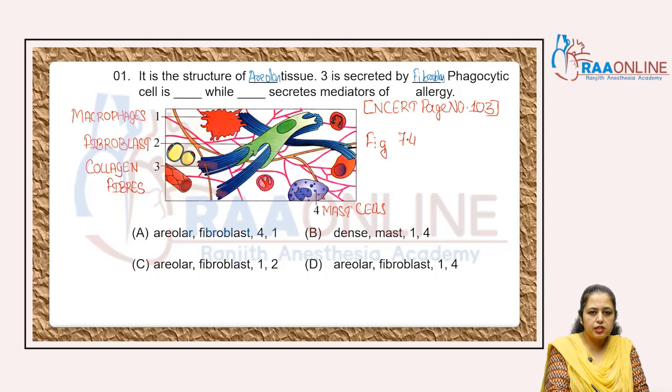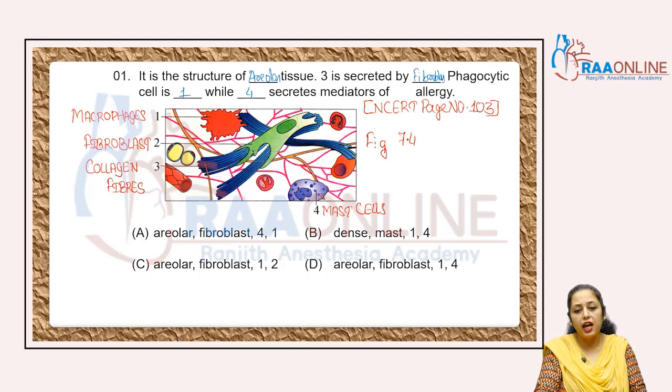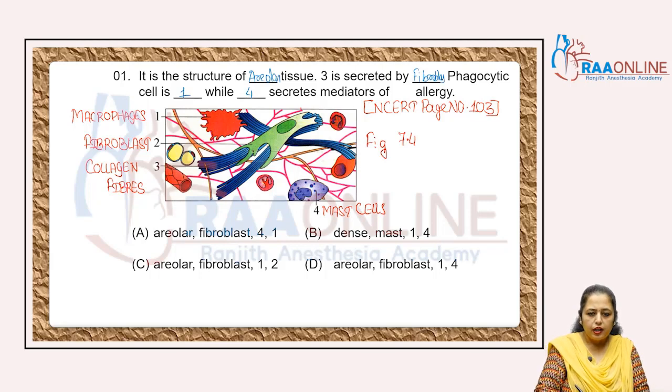Phagocytic cells is 1, that is the macrophages, while mast cells, that is 4, secretes the mediators of the allergy, right? So the answer is areolar, fibroblast, 1-4, that is the answer D.